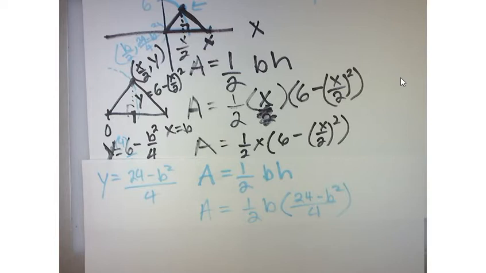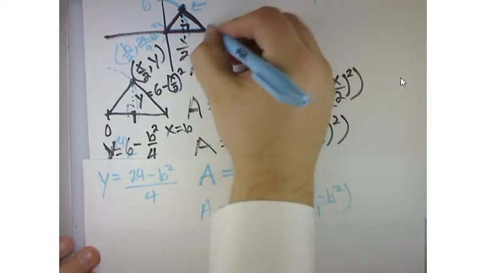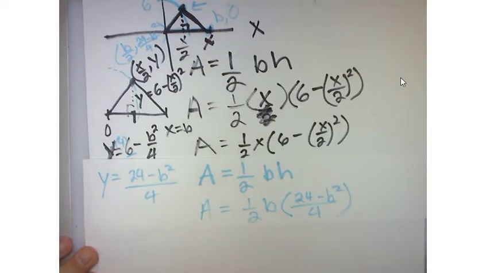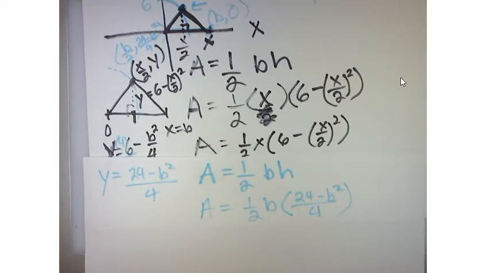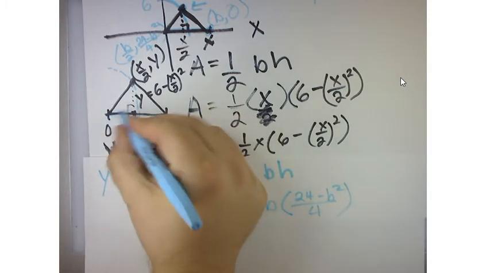It's the same thing, it's just written a little different. Well, I know that this point right here is b comma 0. Right? So that point has to be b comma 0 because that's the length of my base, right? That's the base of this triangle.